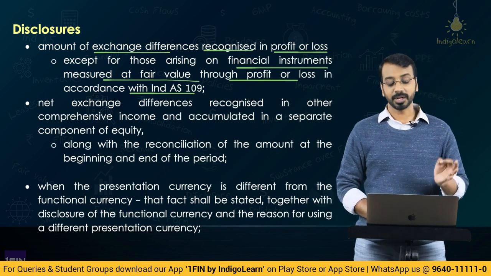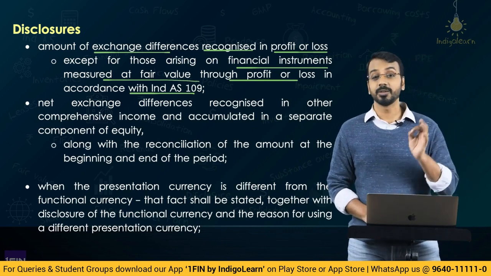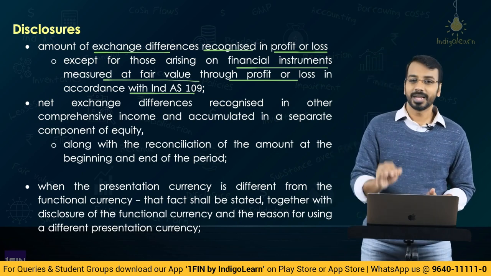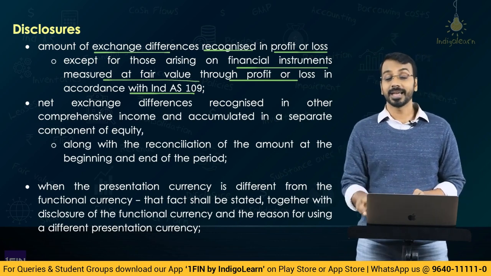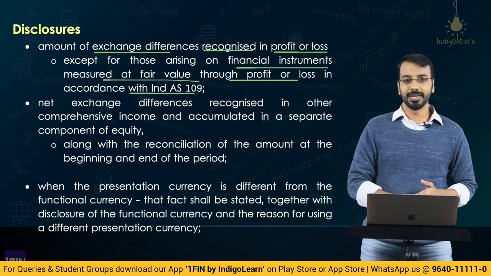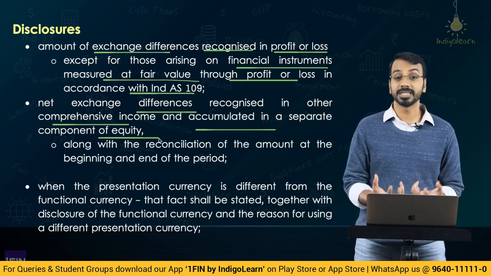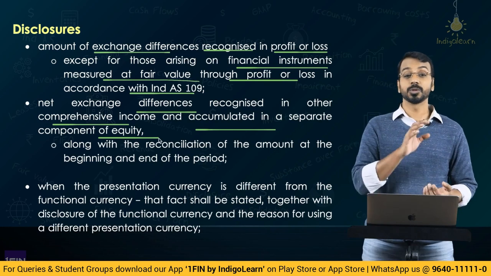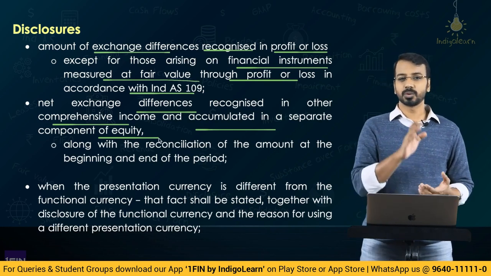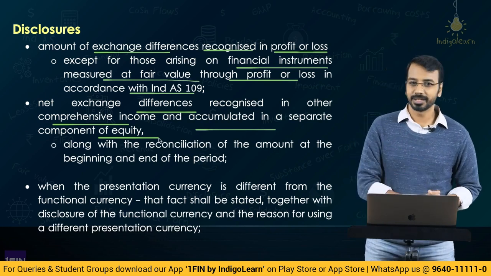Okay, so what you need to remember: exchange differences recognized in P&L except on financial instruments which are categorized as fair value through P&L. Then net exchange differences recognized in other comprehensive income and accumulated in a separate component of equity. How much of exchange differences has been captured in OCI? Now, what all exchange differences would come in OCI? Your foreign currency translation reserve.